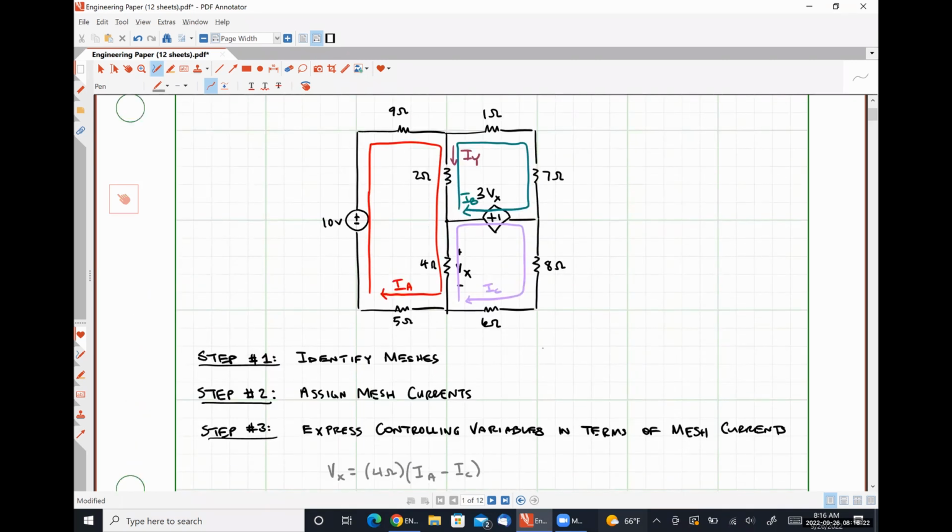All right, so who wants to tell me what our KVL equation for mesh B should look like? Sure, Jacob. First, you have the 2 ohm resistor times IB minus IA. Absolutely right.